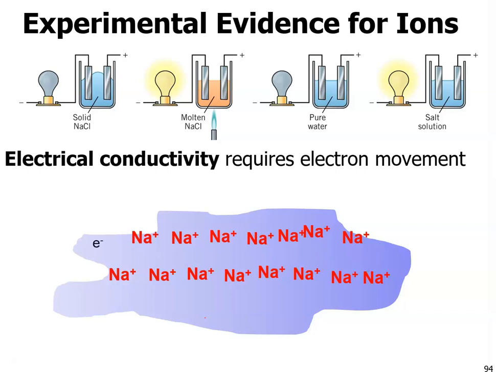The only way that electron is able to bump through this path to get from the negative to the positive element is if it's molten, so that the sodium can move around and bump into other sodium ions, or if we have it in a liquid solution where they are freely able to move around and touch each other. Otherwise, if we're in a solid, those are too far apart and there's no movement, and so we can't have that electrical conductivity happening.